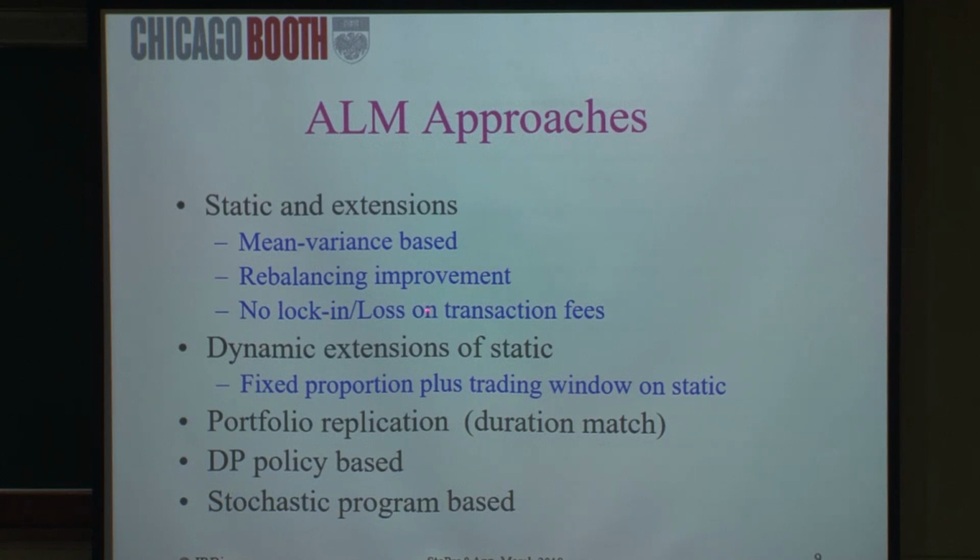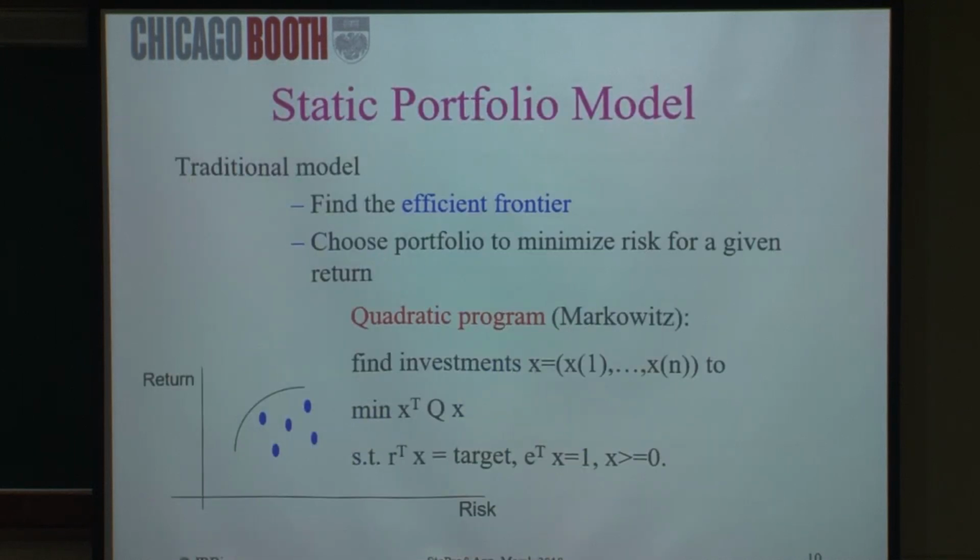They often don't consider that you're going to change things in the future, and they also don't consider things like transaction fees, or that you can lock in your gains, like in that case where you realize if you switch to bonds, you'll be able to lock in your position. You could try other things like dynamic extensions of this, but they end up being just fixed proportion. You always have a fixed proportion in your stock or your bonds. Yeah, there's some other things, but stochastic program is what we're going to focus on.